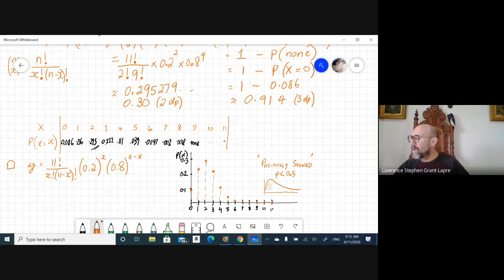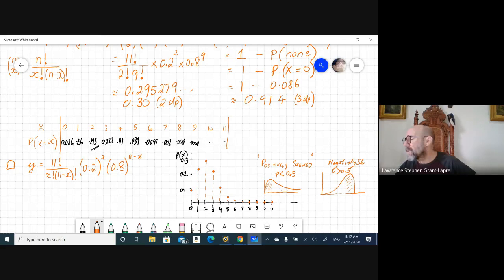A negative skew would happen when p is greater than 0.5. We have a long negative tail and very large positive numbers, and we get what's called a negatively skewed graph.